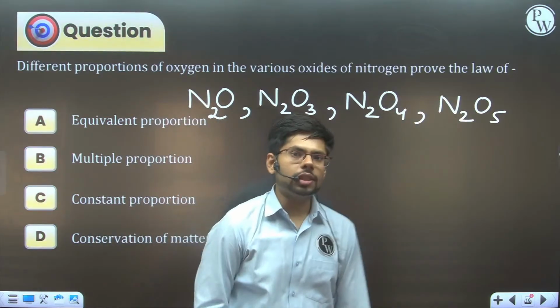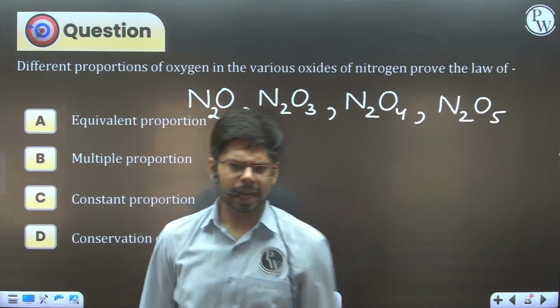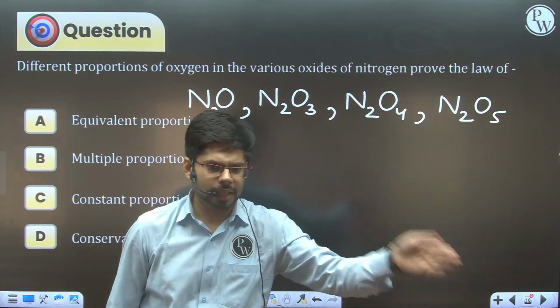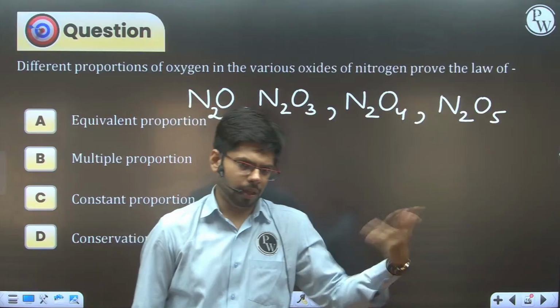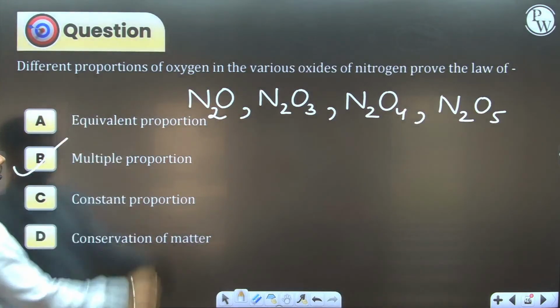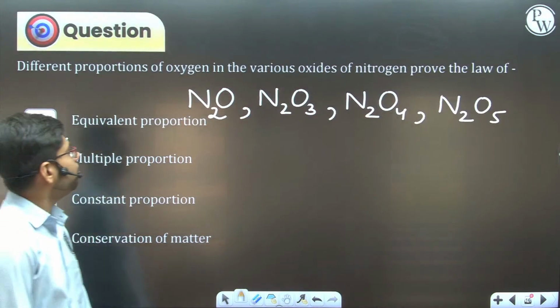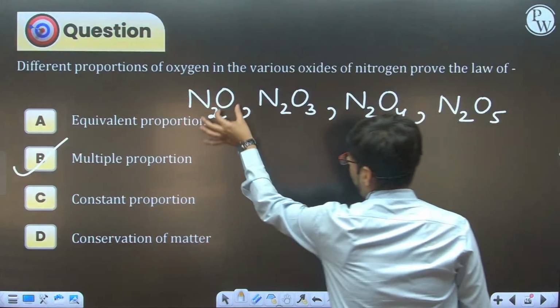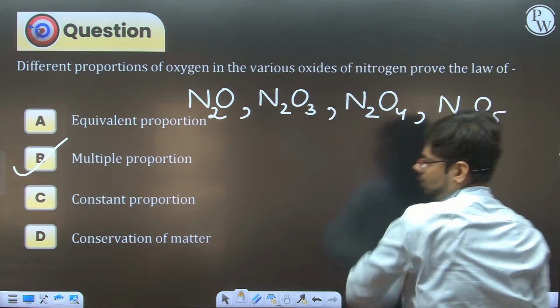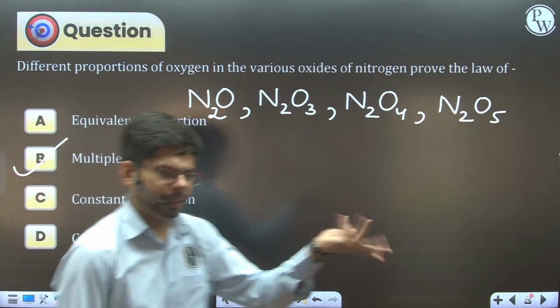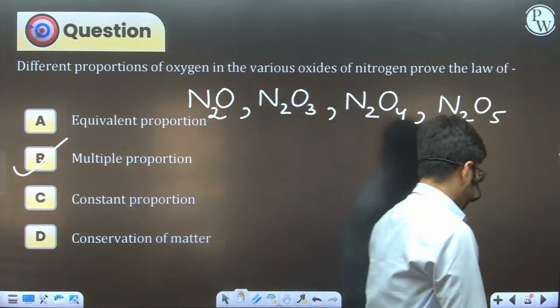These are various oxides of nitrogen. When we see that there are two elements and both the elements are present in all the compounds, that means it is law of multiple proportions. That's all. Law of multiple proportions, because there are nitrogen and oxygen in every oxide. So the elements are the same everywhere, but the formulae are different, which means this is law of multiple proportions.